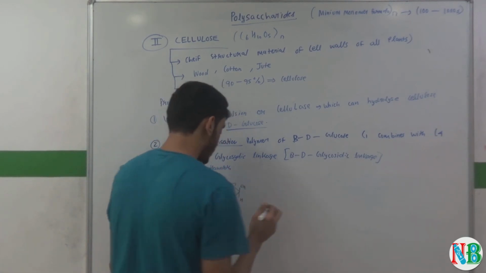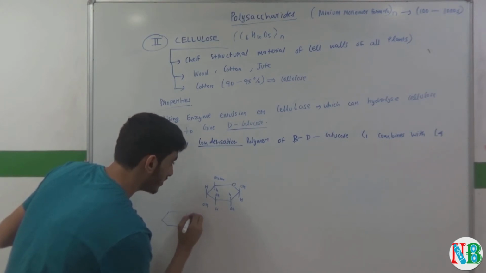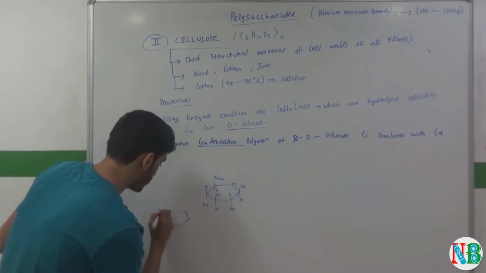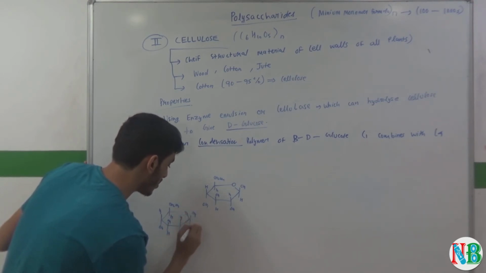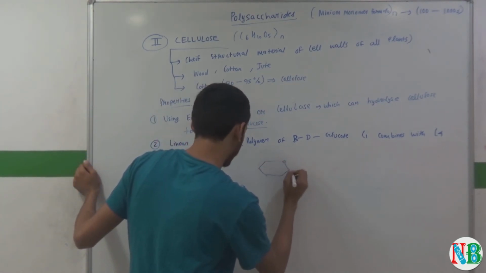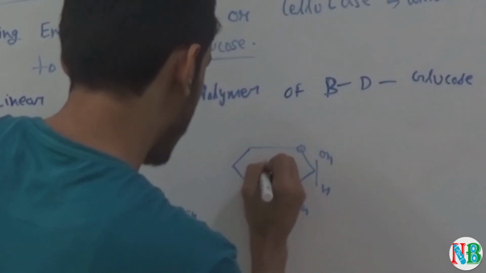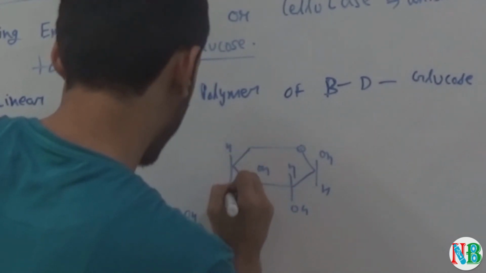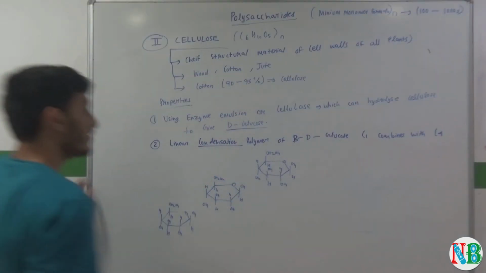Now I'll draw one more. Draw a molecule over here. This molecule looks like this: oxygen, H, OH, CH2OH, H, OH, H, OH, OH, and I'll draw one more over here: OH, H, OH, H, OH, H, CH2OH and H. Okay.